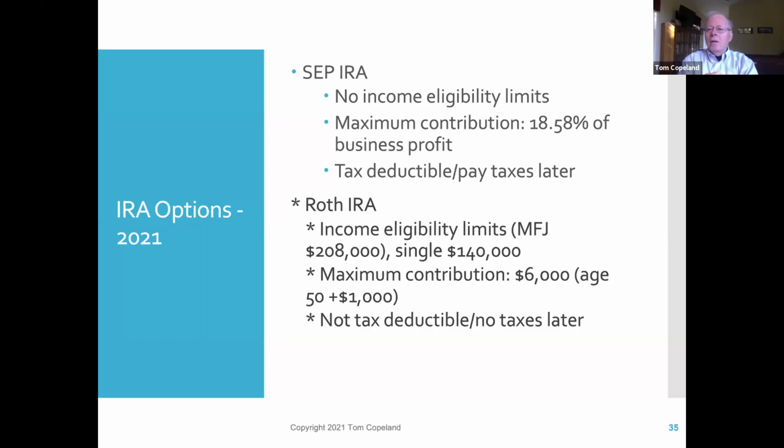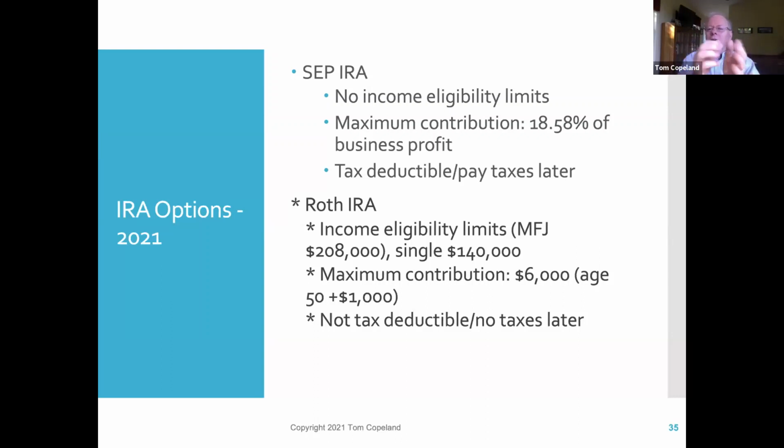The maximum you can contribute to a Roth is $6,000, or another $1,000 if you're age 50 or older. Now, here's the difference. When you put money into a Roth IRA, you do not get a tax deduction. It earns interest.